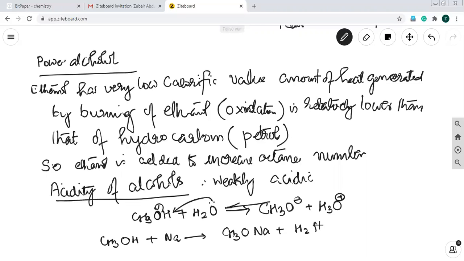If you balance the equation, you will have 2 Na and 2 CH3OH.